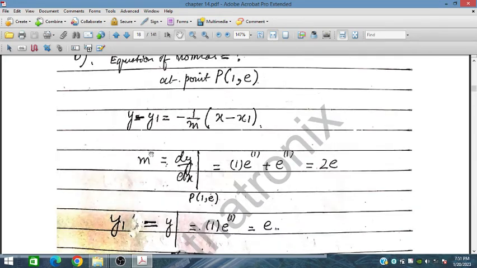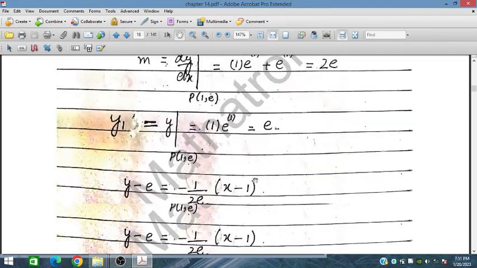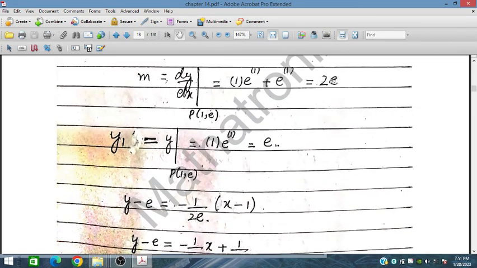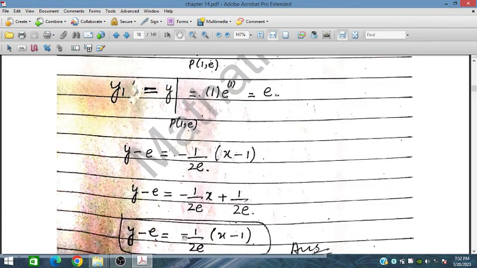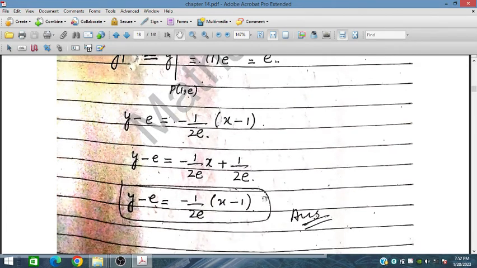So this m is the gradient of the tangent equation. So this minus 1 over m is the gradient of the normal equation. So this normal gradient is basically minus 1 over 2e. If this is the tangent, so this is the normal gradient. So in place of this equation we have obtained this. So this is very, very easy, and on simplification we have obtained this.